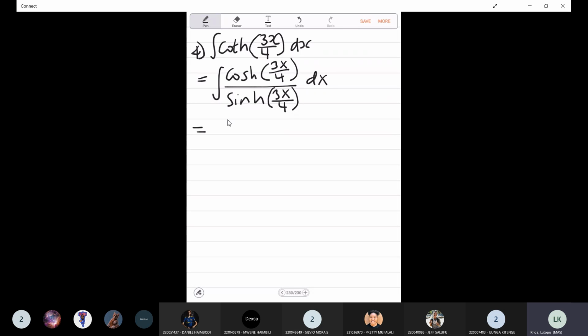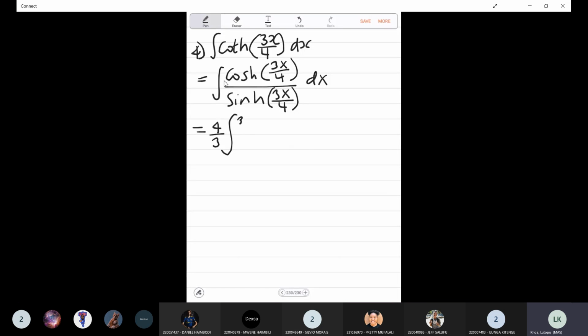And look at the denominator. The derivative of the denominator is hyperbolic cos of 3x over 4, and then you would multiply by 3 over 4. So I need a 3 over 4 here and a 4 over 3 outside.